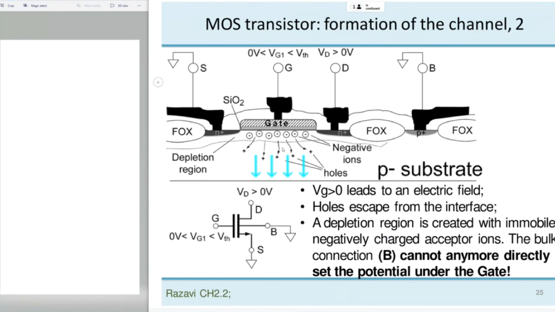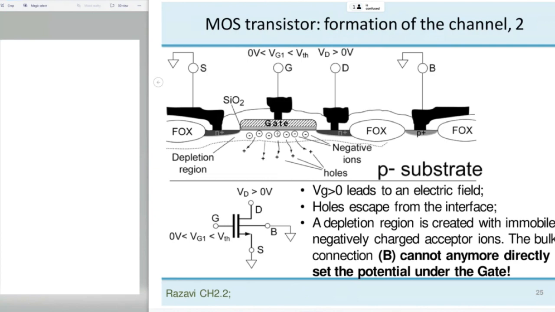Now, this electric field will exert force on the mobile carriers in the P substrate, which are holes. So the holes will feel the force of the applied field, and they'll move away from the interface of the oxide. So we chase away the holes. Now the holes will leave behind the negatively charged ions of the acceptor atoms.